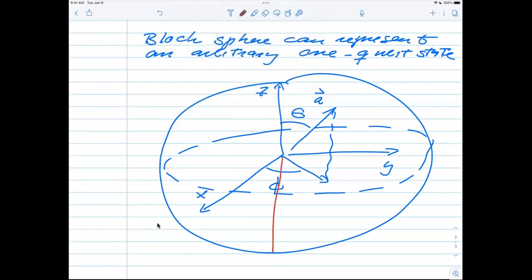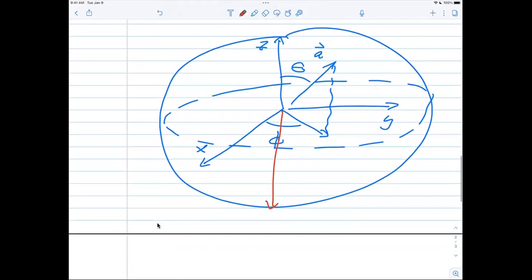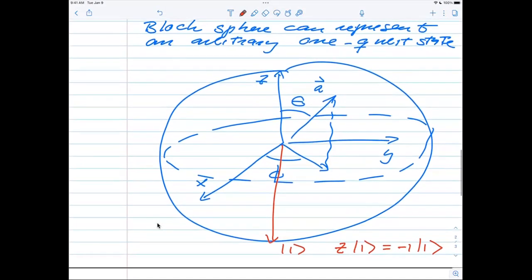If I now plot down here, this is the z-axis. This corresponds to 1, because we know that when Z acts on the state 1, that gives us -1 multiplied with 1. So the computational basis states which we have chosen, the 0 and 1 states, they are eigenstates of the sigma z matrix.